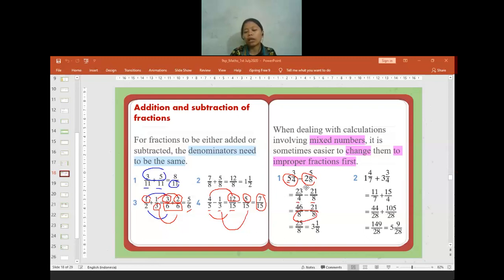That's why in here the number 23 will become 46, because 23 times 2 is equal to 46. So after we're done, we just directly subtract. 46 minus 21 will be equal to 25, and then the denominator will remain the same, 8. After that, we simplify it, become mixed number.